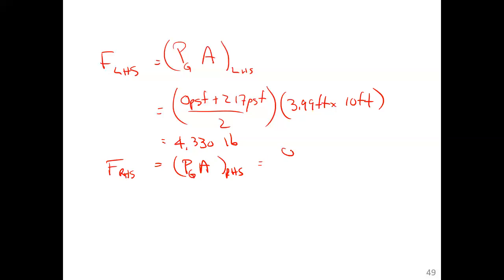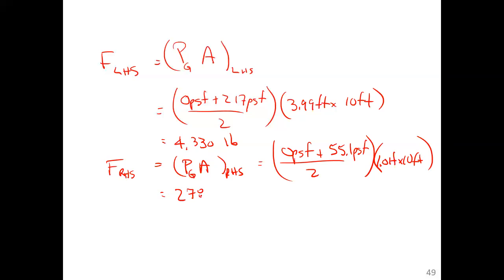So this is equal to the pressure at the top, 0 PSF, plus the pressure at the bottom, 55.1 PSF, over 2. And then the submerged area on the right-hand side is the 1.01 foot of depth times the 10 foot of width. And that gives us 278 pounds.